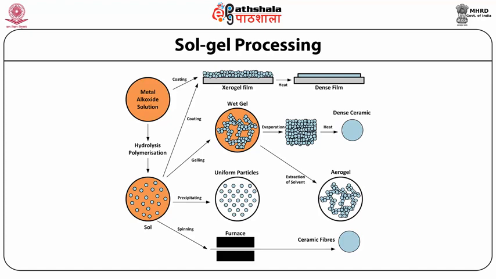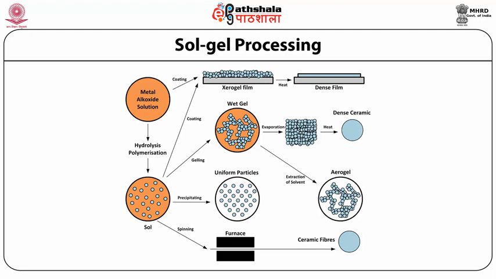So, as you can see in this figure, after getting the sol in the gel form, we have a thermal treatment or a firing process, which is necessary in order to favor further polycondensation and enhance the mechanical properties and structural stability via final sintering.